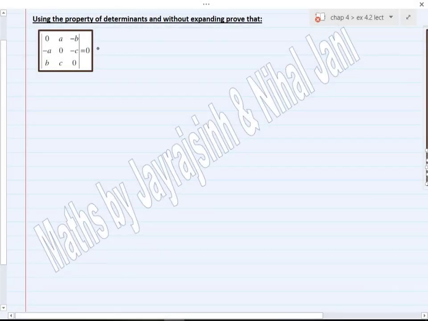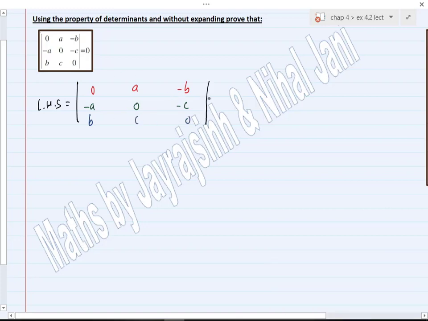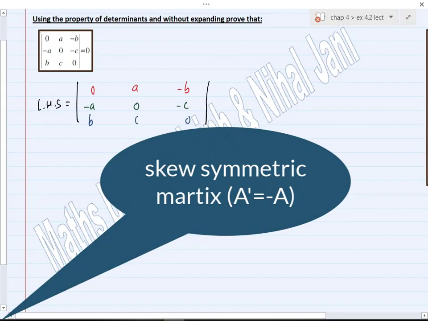Using the property of determinant without expanding, you have to prove that the value of determinant is 0. Let's begin with the left hand side. See, this is a special kind of determinant which is known as skew symmetric determinant.